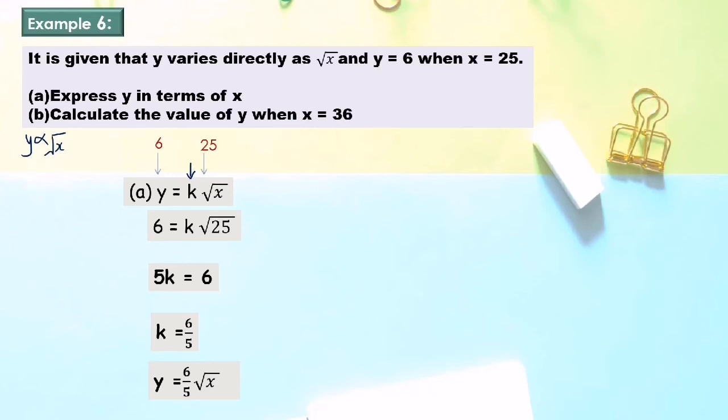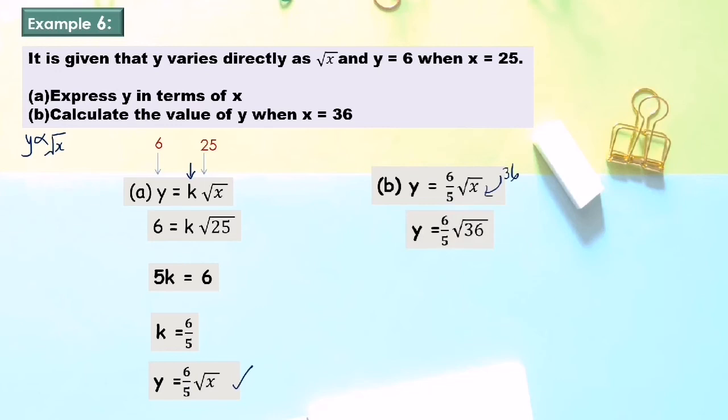So now you look at B. Calculate the value of y when x equals to 36. So we will use this equation y equals to 6 over 5 times square root of x, and then you substitute the value of x into the equation to find the value of y.